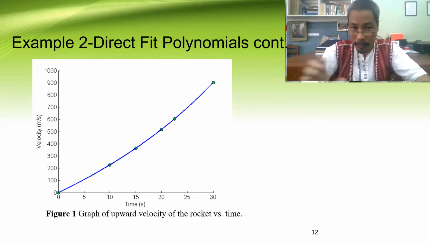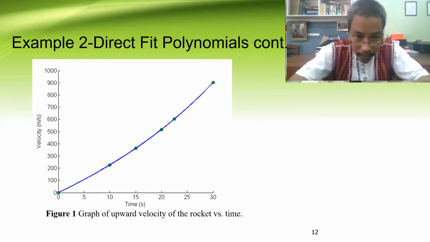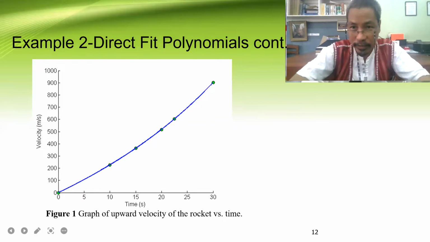The blue one is the line, the curve. The green one is the discrete points. And we use 4 points, this 1, 2, 3, 4: 10, 15, 20, and 22.5.